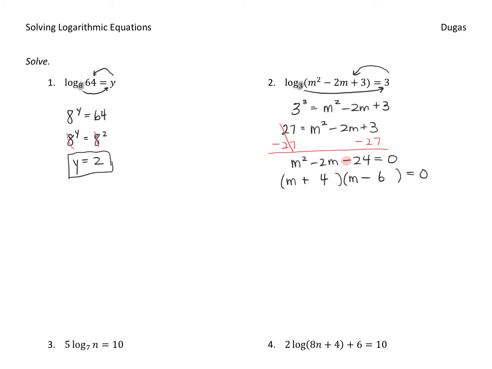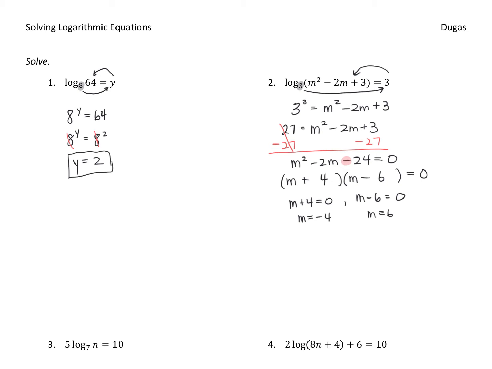And since my 2 is negative, my larger number is going to be negative. So 4 times negative 6 is negative 24. 4 plus negative 6 is negative 2, so that works. Now you can set each factor equal to 0 separately and solve. And so when you subtract 4, you get negative 4. And when you add 6, you get 6. So your two possible answers are negative 4 and 6.